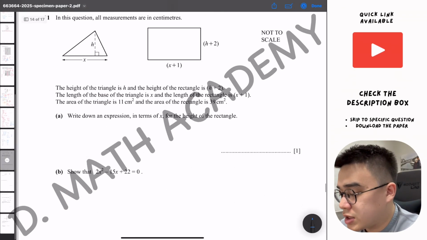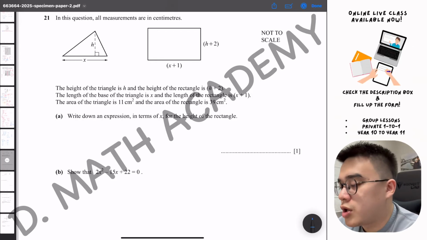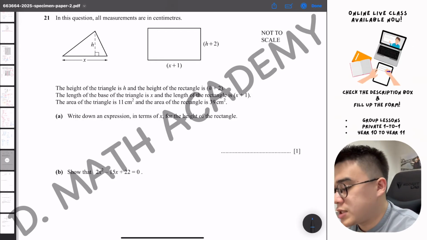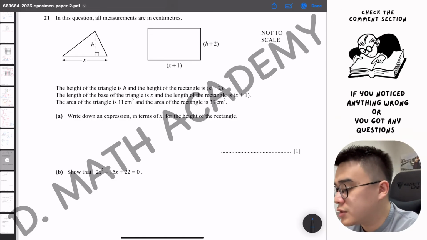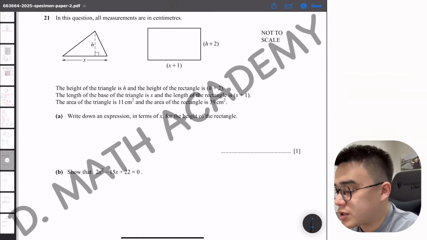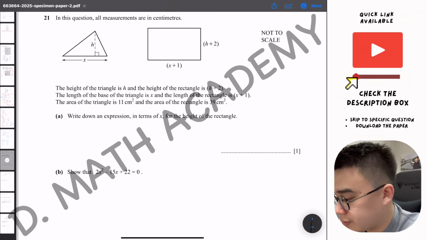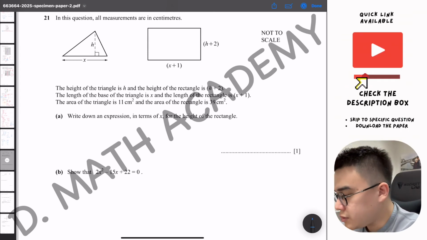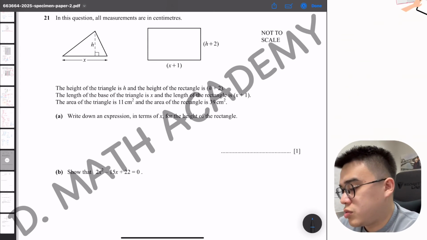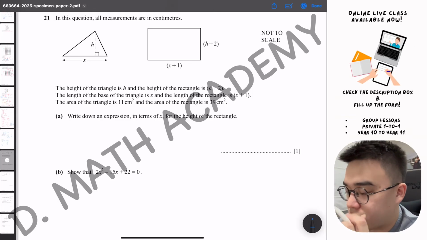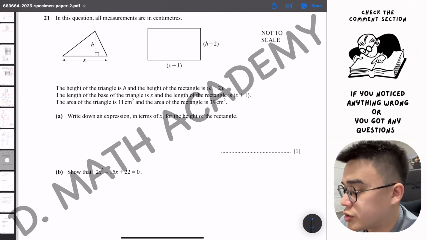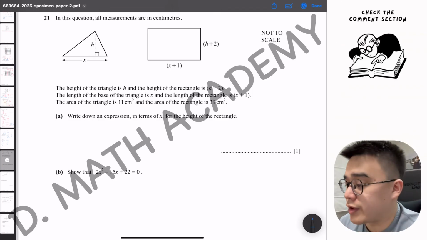So we have the last few questions here to go through. Question 21. This is to write an expression in terms of x for the height of the rectangle. They did give us the area of the shapes. So what are they trying to do? I have no idea how to navigate this question at first glance, so I try to make sense of finding the area first.